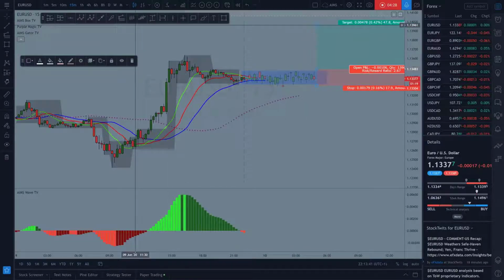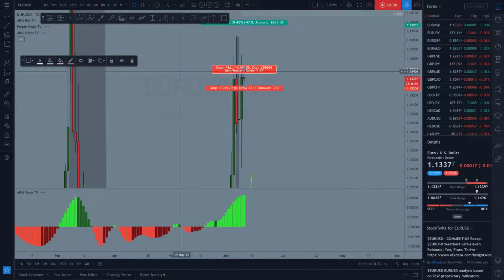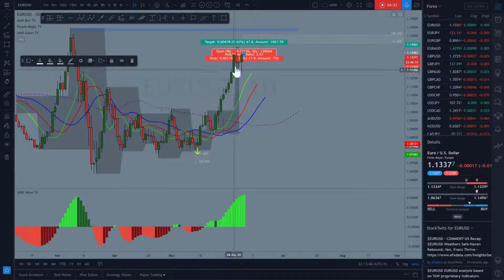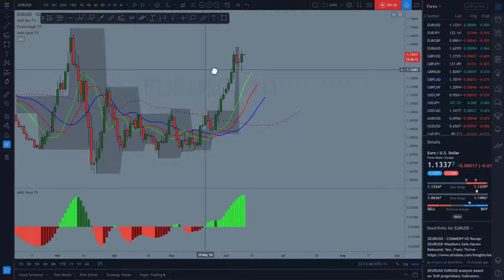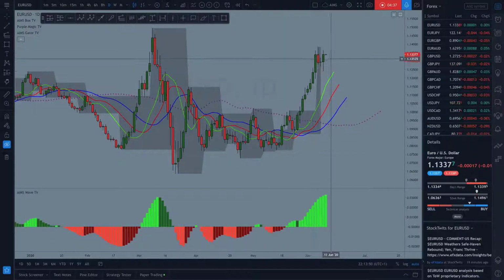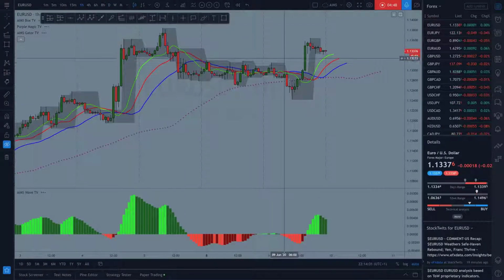The reason I call it the famous setup, and we take it to the daily chart: one, the entire trend is up, everybody knows, and those people who can read the chart clearly see that this candle is a trend continuation signal. And if you go to the hourly chart, you can see that price has broken above the box, the gator is open, and the market was rejected down here and price went up. This is famous among the traders.